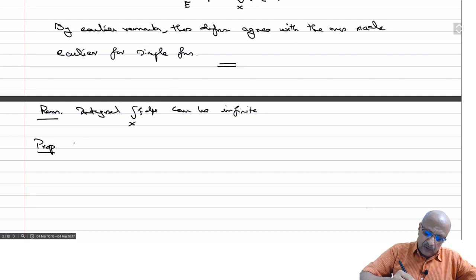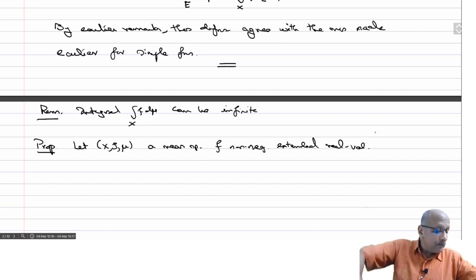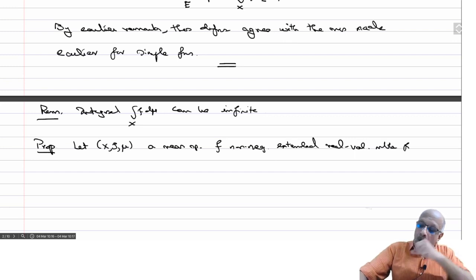So (X, S, mu) a measure space and f a non-negative extended real valued measurable function defined on X.